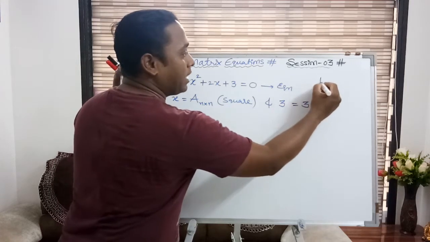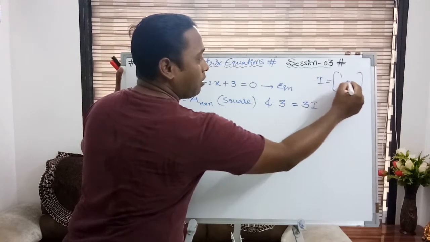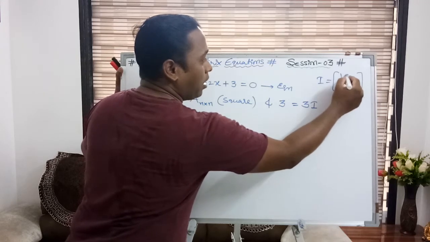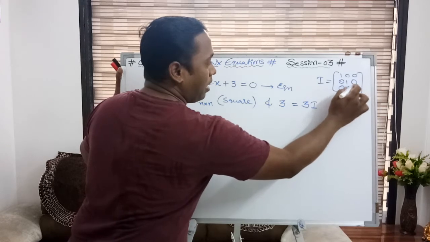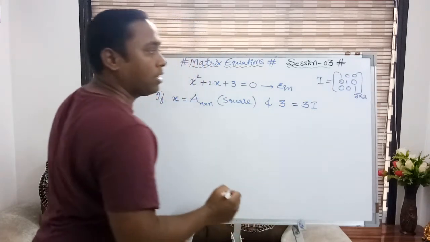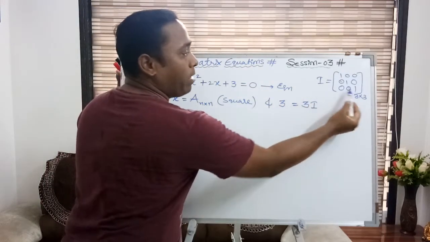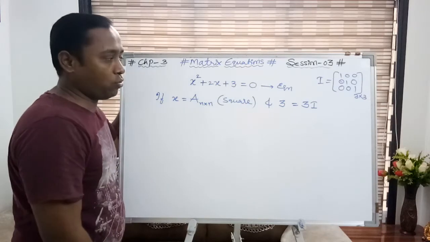You know, an identity matrix is simply a diagonal matrix where all diagonal elements are 1 and the elements other than the diagonal are zeros. So this is a 3 by 3 identity matrix. In this way you may also write 2 by 2, 1 by 1, 4 by 4, 5 by 5, and so on.